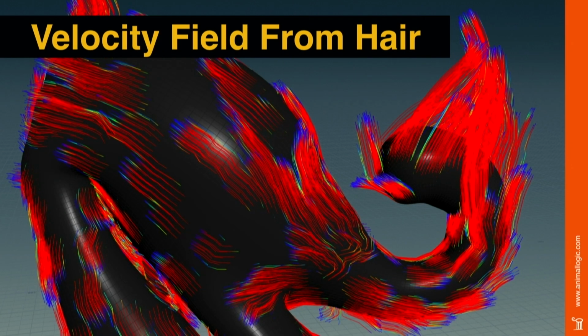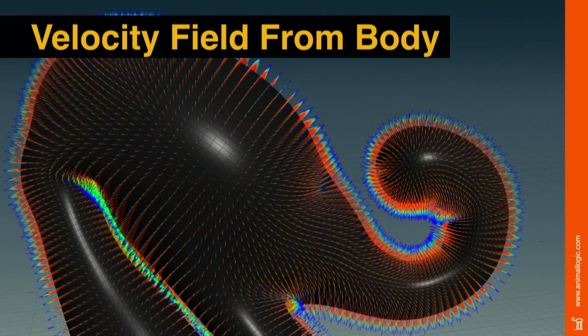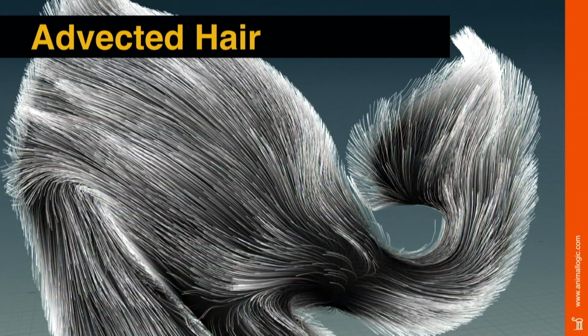We take that velocity field and we smooth it a bit. We also make a velocity field from the normal of the body, and this is going to help keep the hair from intersecting the body. And we add these two velocity fields together. We take that resultant field and we re-advect our hair through it from the root points.